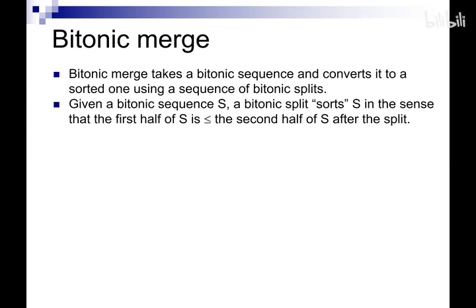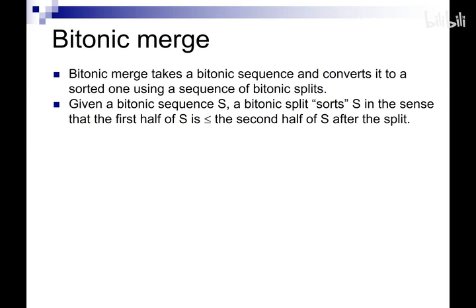The way it works is that the input to the bitonic split is a bitonic sequence. After you do the split, we know that the first half of the values is all going to be less than the second half of the values. That's the property of the bitonic split.